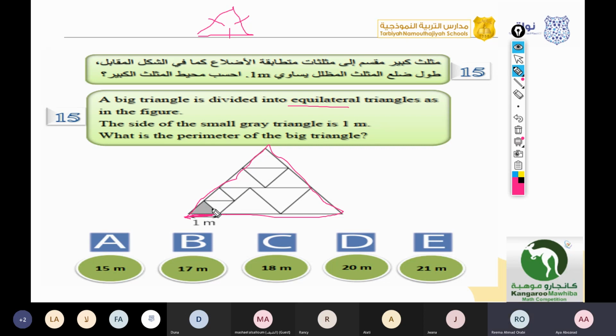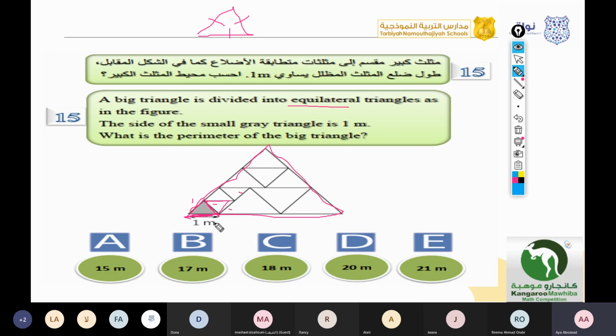So you remember we said it's equilateral, right? So if this is 1, that means this is 1 and this is 1, right? And the other triangle also is equilateral. So if this is 1, that means this is 1 also. And if this is 1, that means this is 1 also.